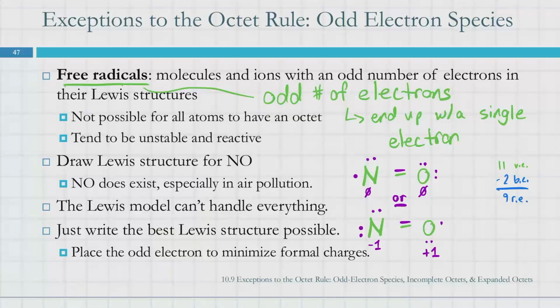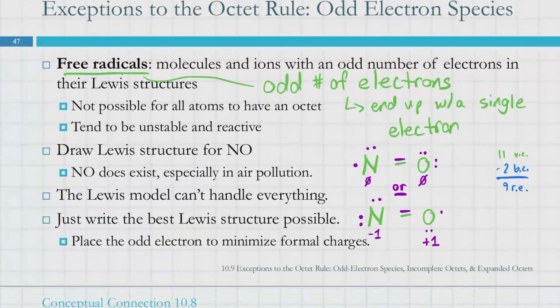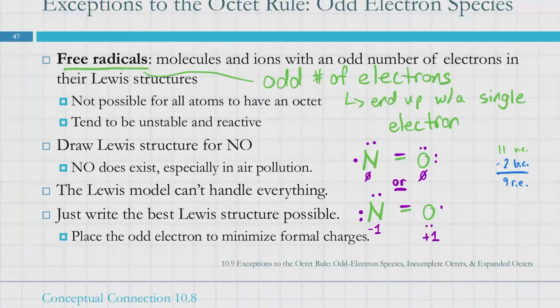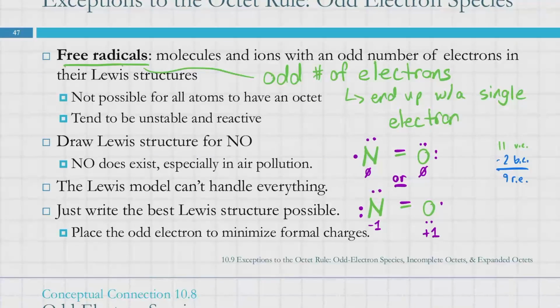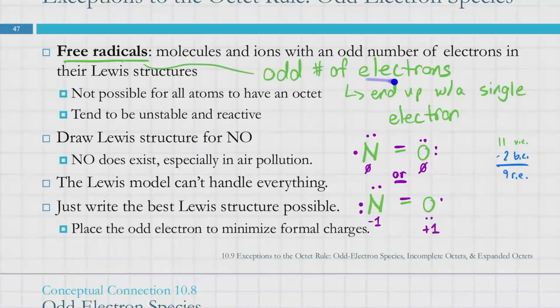So formal charges inform us the top structure is better because it's got zeros for its formal charges. Again, this is free radicals, just having a lone electron by itself. Anytime that you have an odd number of electrons, you should end up with a free radical species.